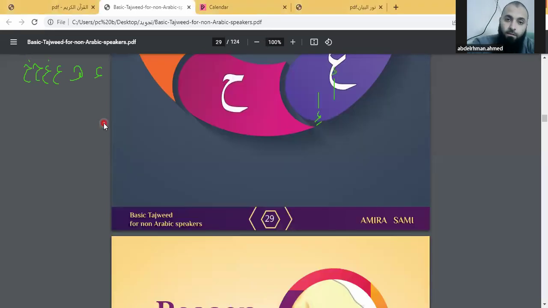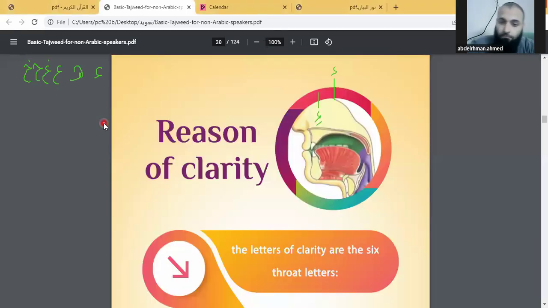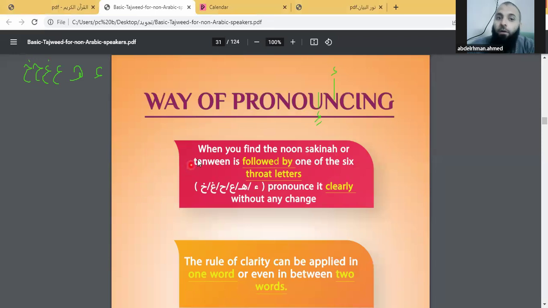Let's see how to apply this rule. Way of pronouncing: when you find the noon sakina or tanween followed by one of the 6 throat letters. Why throat letters? Because these 6 letters come from the throat.